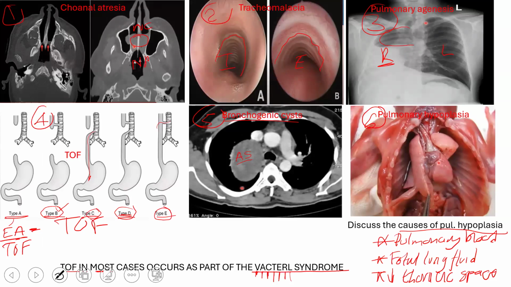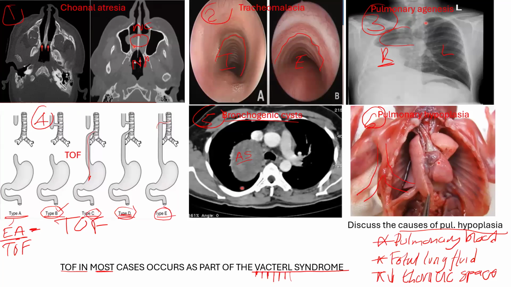So the first reason which I said is a vascular insult. Remember what we said during formation of the lungs, you start with the bronchial buds, which then divide into the other parts. As I was describing this process, I was saying the accompanying vessels form. These accompanying vessels are there to feed the cells with nutrition. Even these fetal cells require nutrients to proliferate.